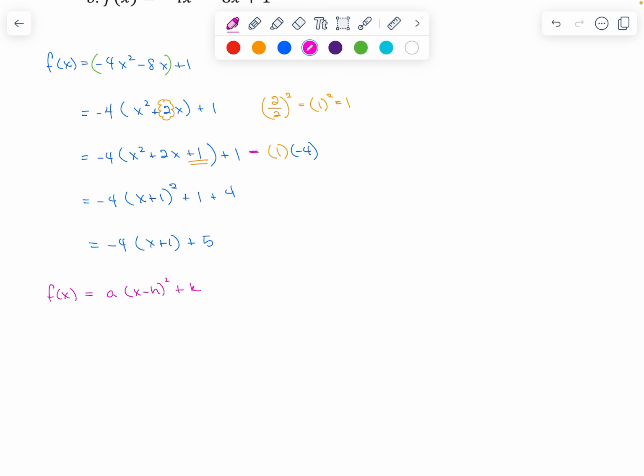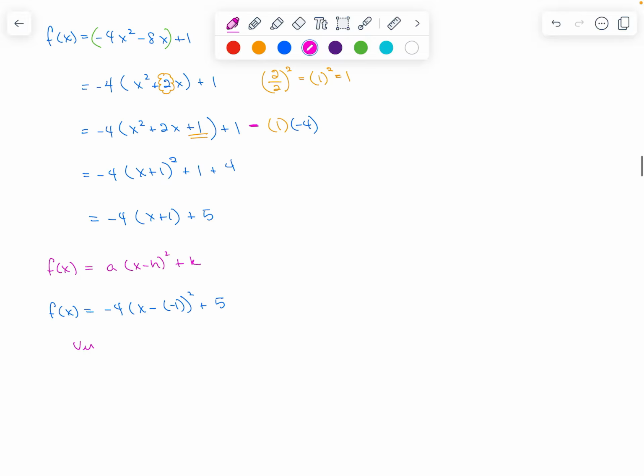To rewrite it, this would be f of x is equal to negative 4, that's my a value, times x minus negative 1 squared. Now you can see h better, plus 5 here. So my vertex from here then is negative 1, 5.